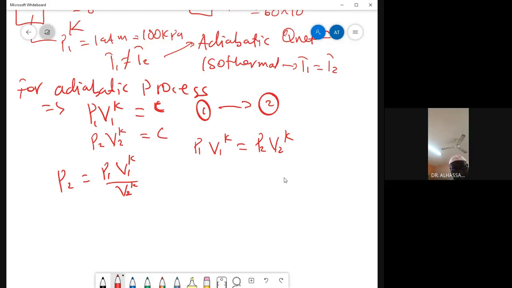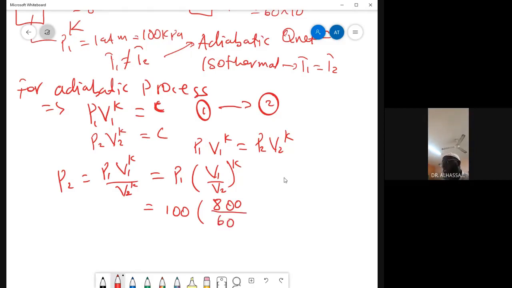According to this question, P1 and V1 are known, V2 is also known, and we know the value for K. So this equals P1 times (V1 divided by V2) raised to the power K. P1 I know, 1 atmosphere, 100 kilopascal. V1 is 800 centimeter cube divided by 60 centimeter cube, all raised to the power K. K is 1.4.